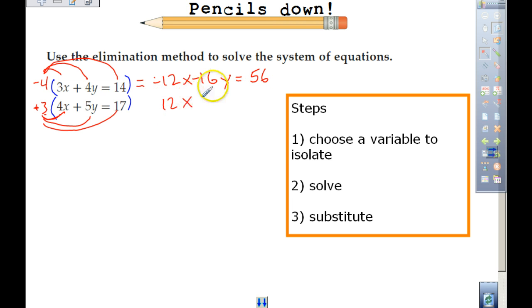Check my work. 30 plus 21 is 51. Okay. Are we good? What's negative? Negative 56. Good.